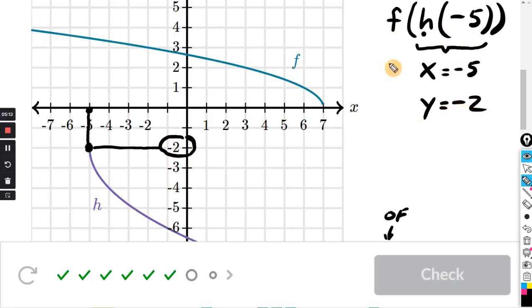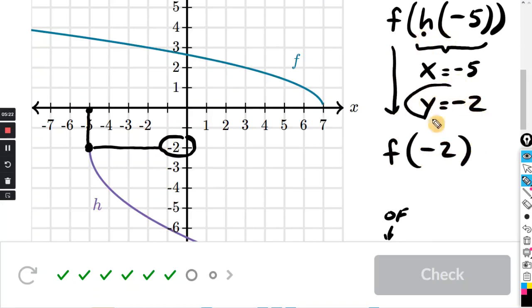Now we're going to the f function, and it's just going to be f of negative 2 because h of negative 5 was negative 2. Again, this is going to be x equals negative 2 and y equals something. So let's go to the f function this time. X equals negative 2.